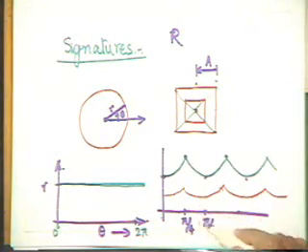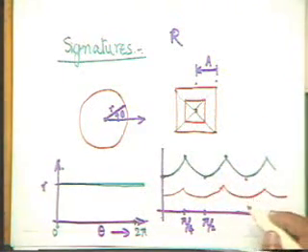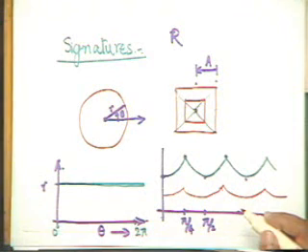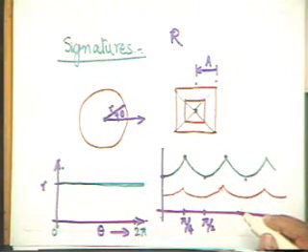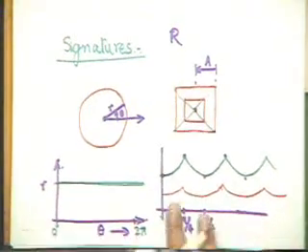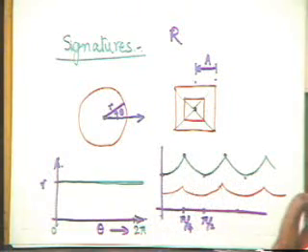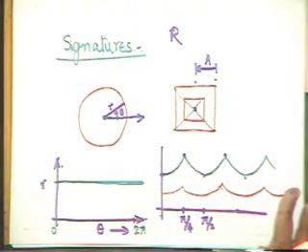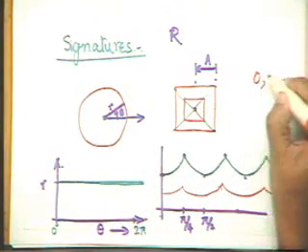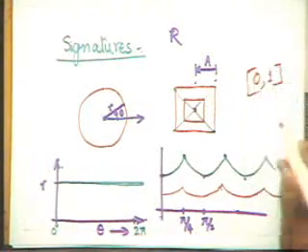So in order to make this signature invariant with respect to size, what one can do is a further normalization. Instead of representing the signature with amplitude 0 to root 2a, you represent it with the amplitude having the range of 0 to 1.